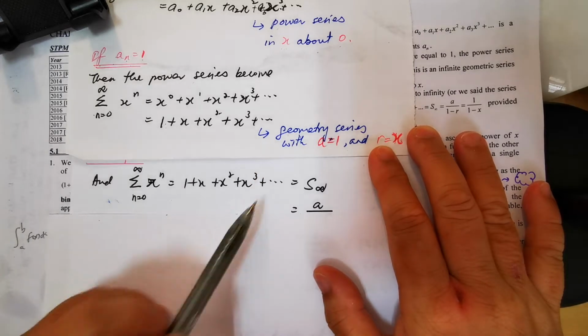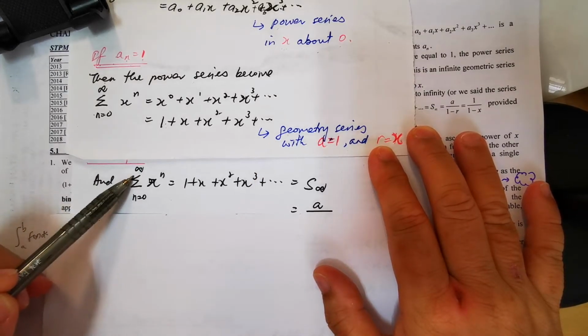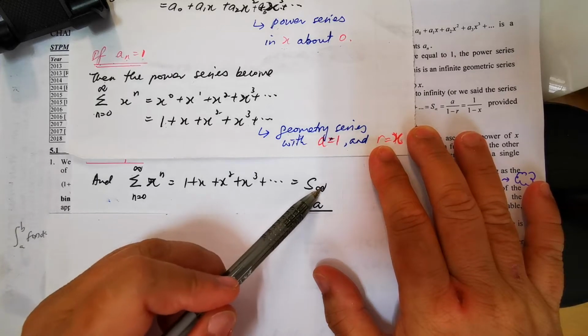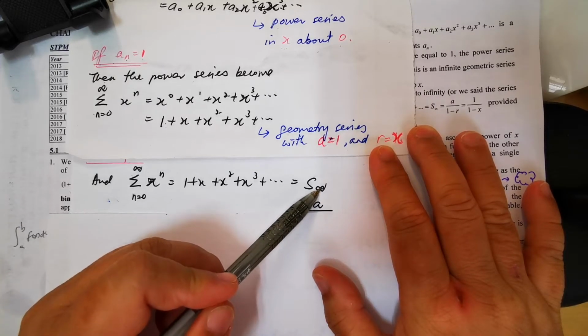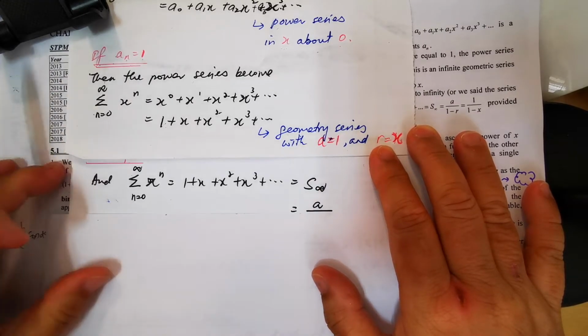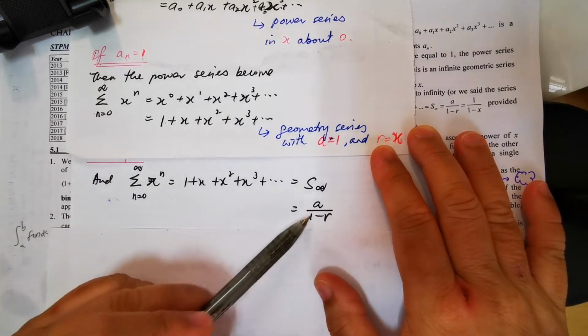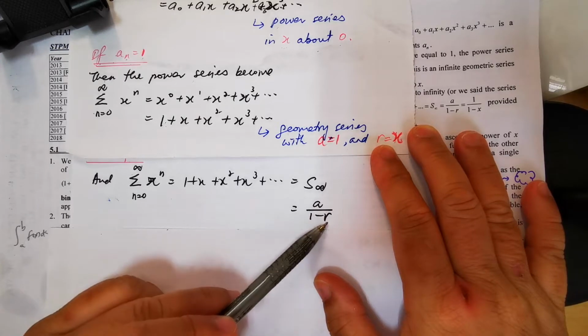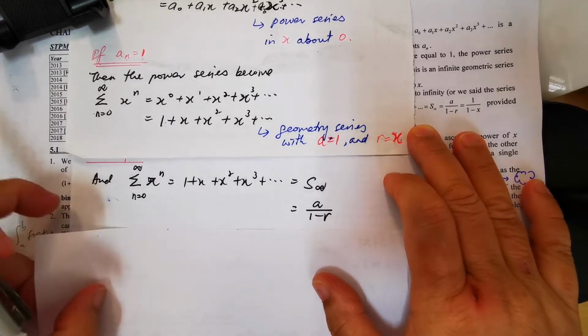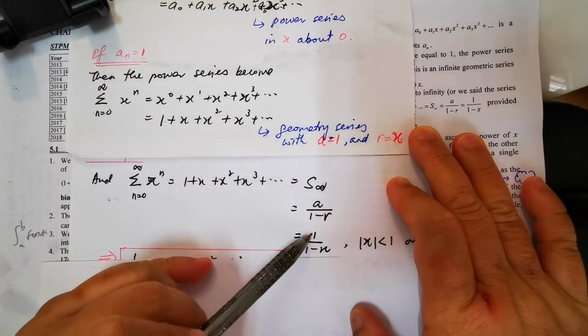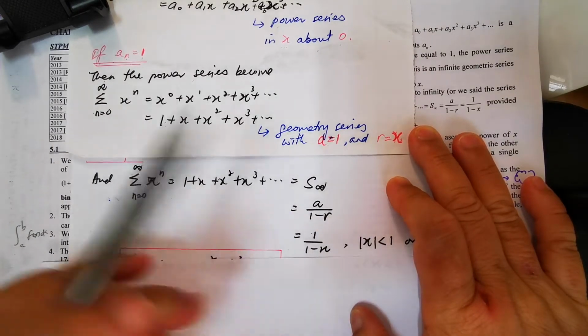Because this is infinite, when I add up all the terms, it's actually the sum to infinity. So remember the sum to infinity for a geometric series. The formula for sum to infinity is a over 1 minus r. a is the first term, r is the common ratio. So we substitute our a and r. Okay, so remember a is 1, and our common ratio r is x.